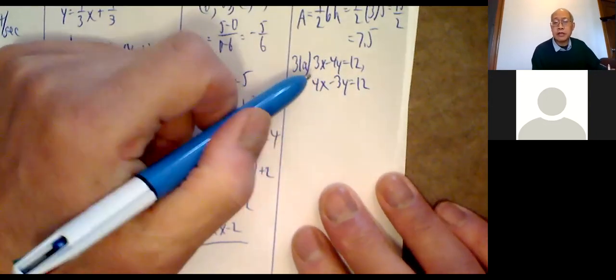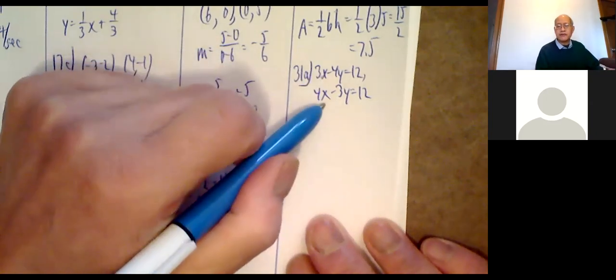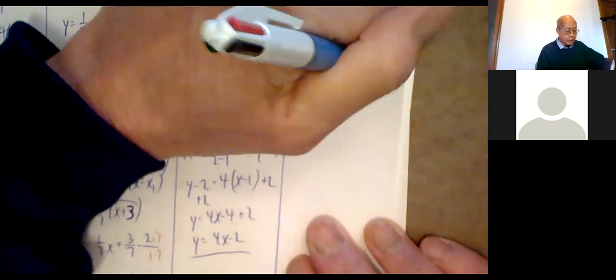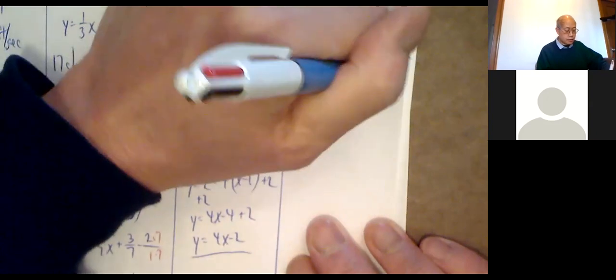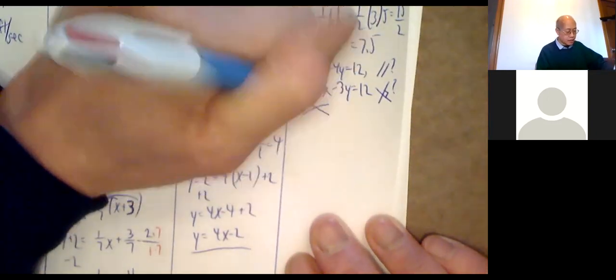Now you don't have to graph these, but if you were to graph them, are they going to be parallel like that? Or perpendicular like that? Or maybe neither. Maybe they touch, but not at 90 degrees. Something like that.